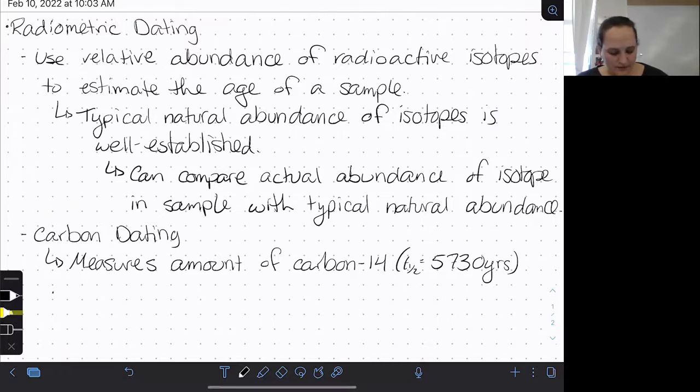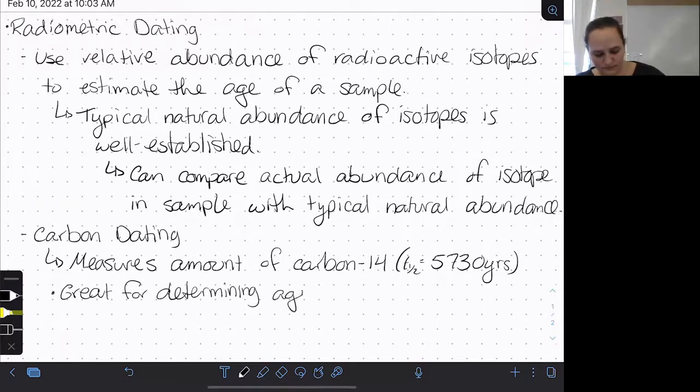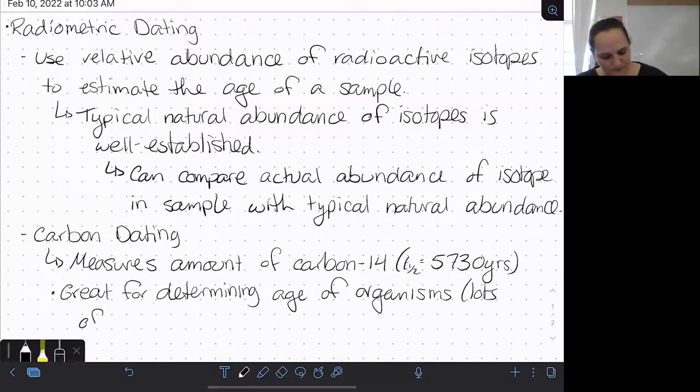It's great for determining the age of organisms, because, as you know, living things contain lots of carbon. That makes them easier to study by this method, because only a small percentage of the carbon in the world exists as carbon-14. So if there's very little carbon in whatever sample you're trying to analyze to begin with, then there's very, very little carbon-14, even when it's brand new.